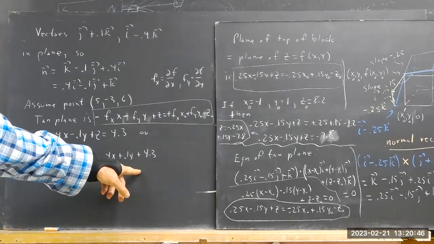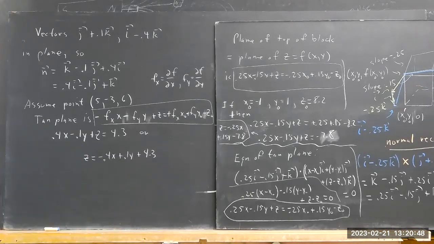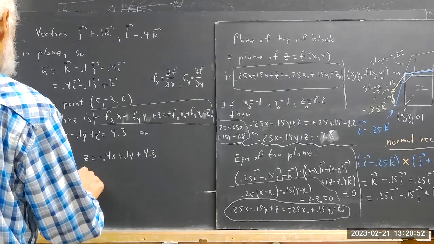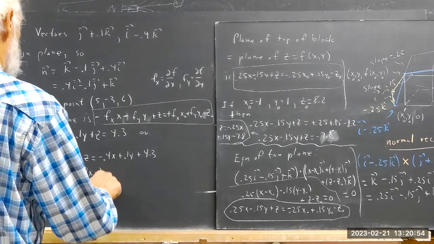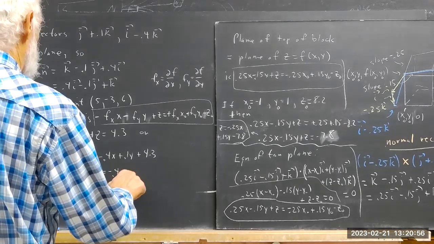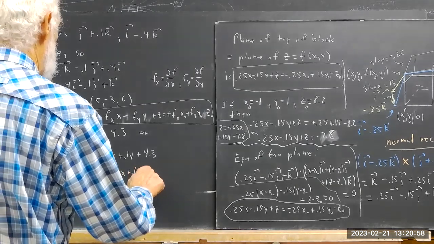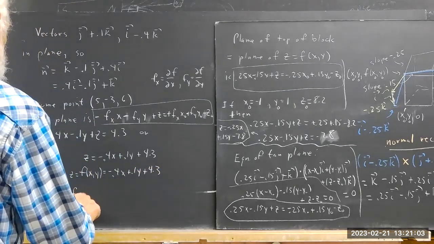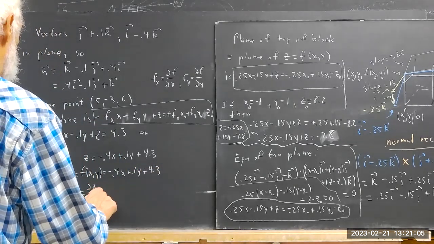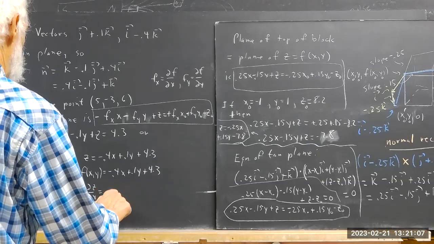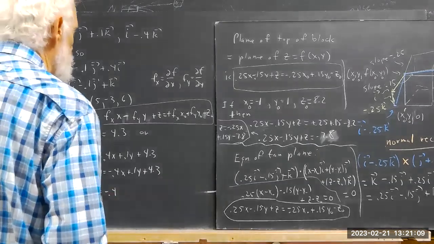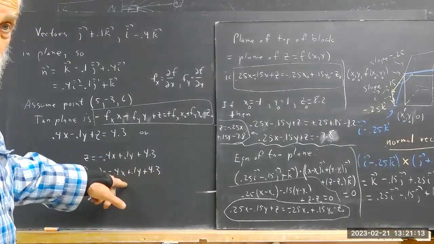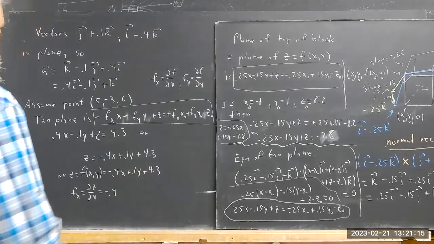That would be an equation for a tangent plane. So fx would be your partial with respect to x, and that partial is clearly negative 0.4.